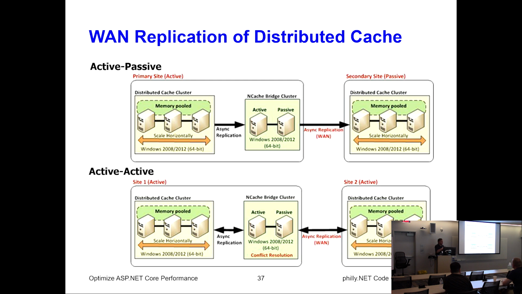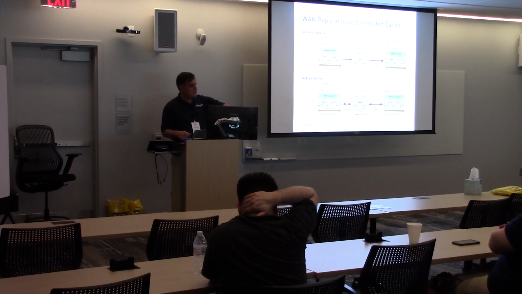And because there's a lot of latency, you can't really have the entire cluster span multiple regions. So you have to have a cluster in one and a cluster in another, and there's a bridge in between, which asynchronously replicates. So it's a two-way replication in case of active-active, and the bridge does conflict resolution, because if the same key is updated in both places, you have to keep track of that.